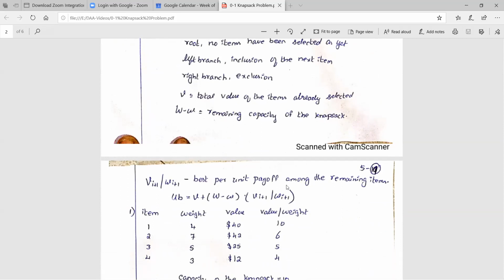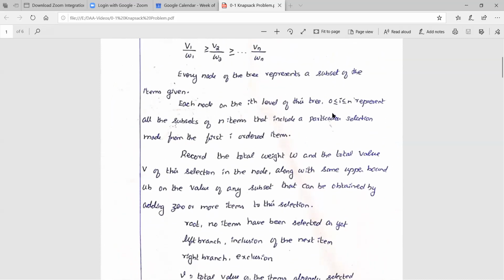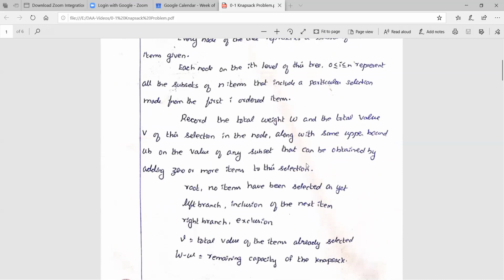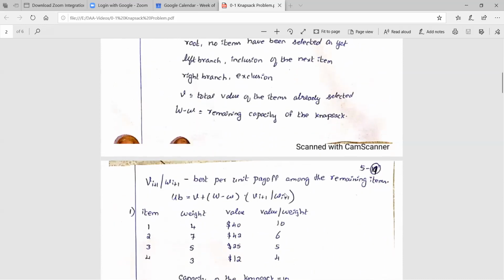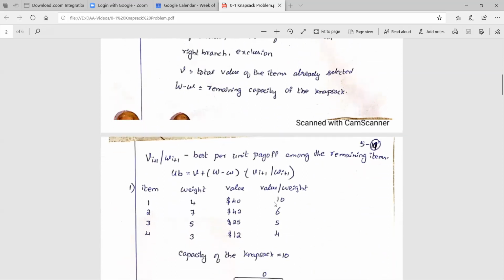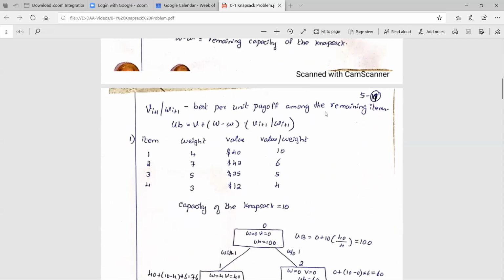So this is the main formula to find the upper bound value: upper bound is equal to v, that is the profit, plus (W minus w) times v(i+1) divided by w(i+1). Here W is the capacity of the knapsack and w is the weight of the selected objects. Initially, i goes from 0 to n, where 0 means we are not selecting any objects, so we consider the next object, v(i+1) divided by w(i+1). This is the formula to find the upper bound value.